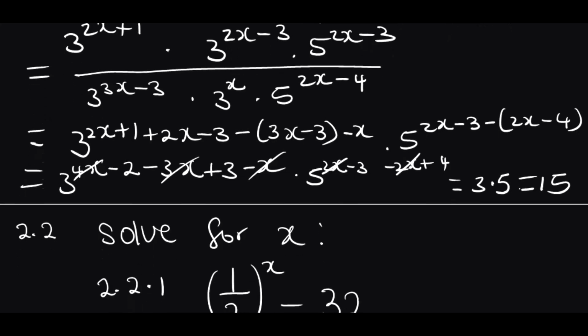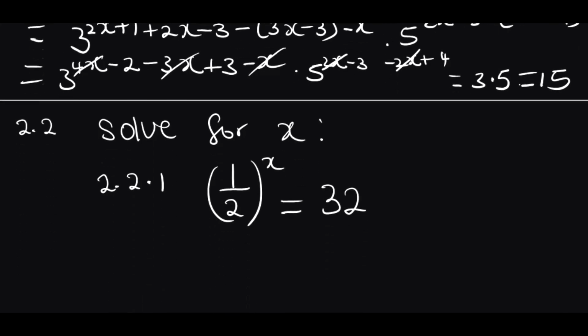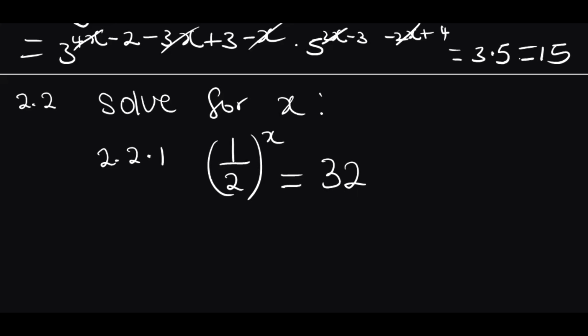Alright, moving on to the next question, which is 2.2, where we need to solve for x. How do we solve for x here? Firstly, we need to do something in brackets. We need to write this 1 over 2 with a negative exponent, which means we'll have 2 to the power negative 1.